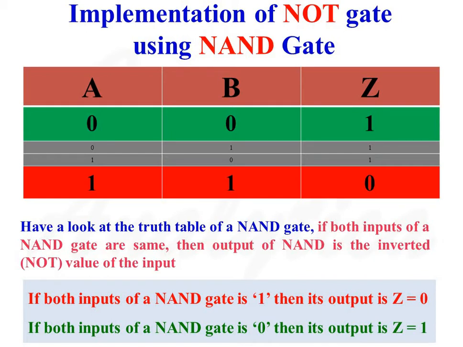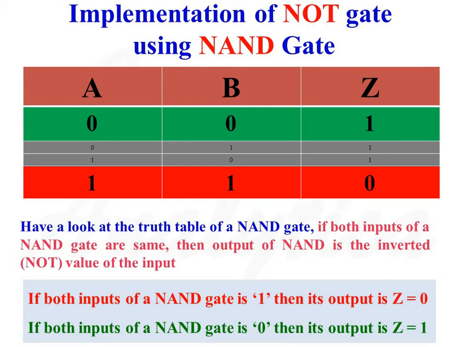So this is the truth table of a two-input NAND gate. If both inputs are the same, then output is equal to the complement of the inputs. So if both inputs of a NAND gate are at logic 1, then its output is logic 0. And if both inputs of a NAND gate are logic 0, then its output is logic 1.